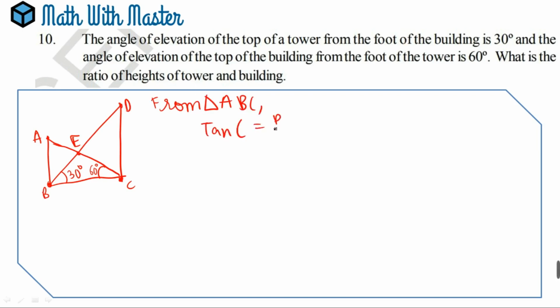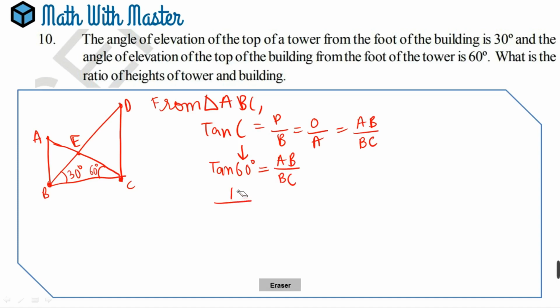Tan C is perpendicular upon base or opposite upon adjacent, which is equals to AB upon BC. So instead of tan C I can write tan 60 degrees, because angle C is equivalent to 60 degrees. So tan 60 degrees is equals to AB upon BC, and tan 60 degrees is equals to root 3, which is equals to AB upon BC.